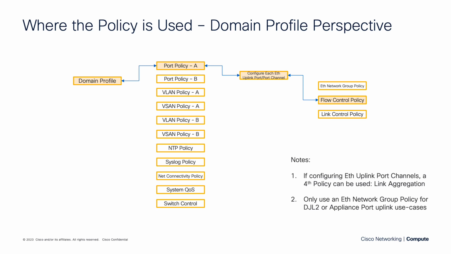But for, I would say, probably 90% of UCS customers that are just using uplink ports and uplink port channels, Ethernet, you're not going to actually have anything for Ethernet network group policy. You're going to just keep that without a policy reference. Okay, so that's just been a past confusion item to a lot of people. Just want to clarify that. So now let's move on to the demo.